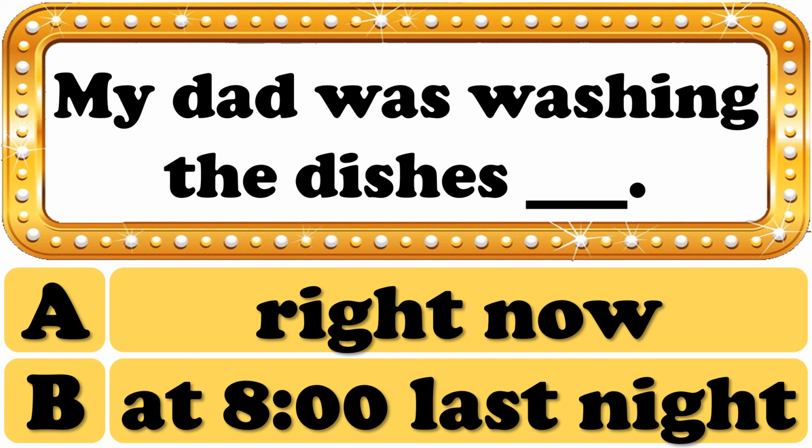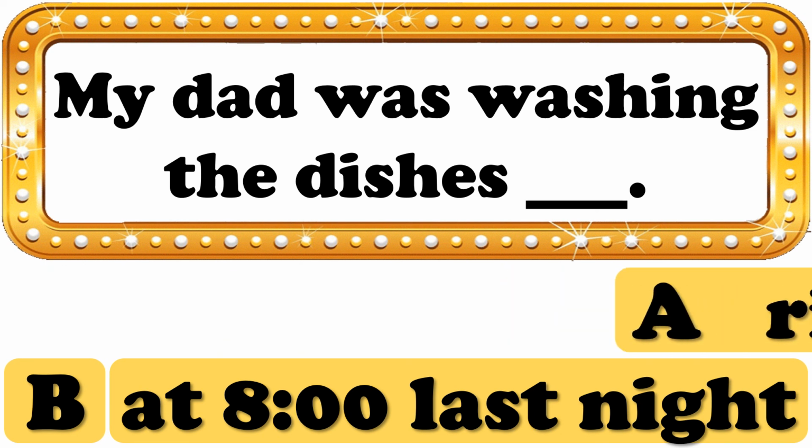A or B? The correct answer is B. My dad was washing the dishes at 8 o'clock last night. If it was right now, then it would be my dad is washing the dishes right now. But it's past progressive, was washing, so it has to be in the past at 8 o'clock last night.